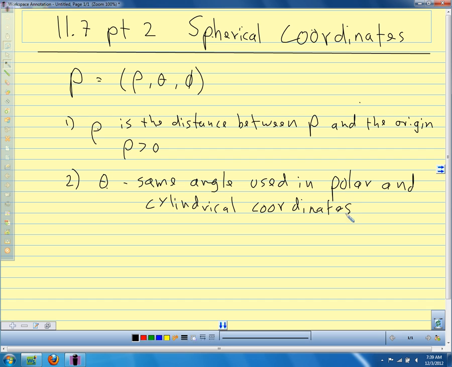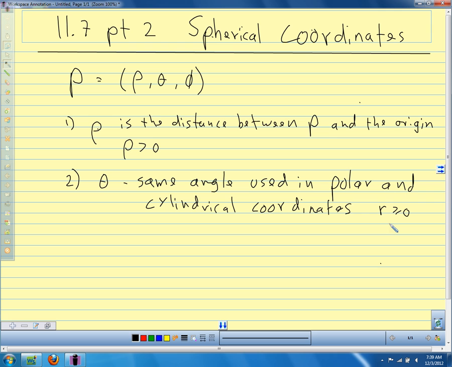So this is our same angle that we used in polar and cylindrical coordinates. And in spherical coordinates, we're going to say that our r that we used in polar and in cylindrical, r is greater than or equal to 0.